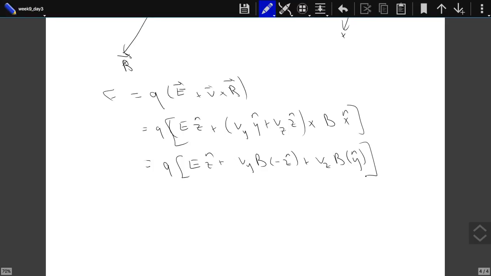So this is the total force acting on my object. So the force will have a y component, which will be equal to Q times Vz times B. And it will also have a z component, which is Q times E minus Vy times B.